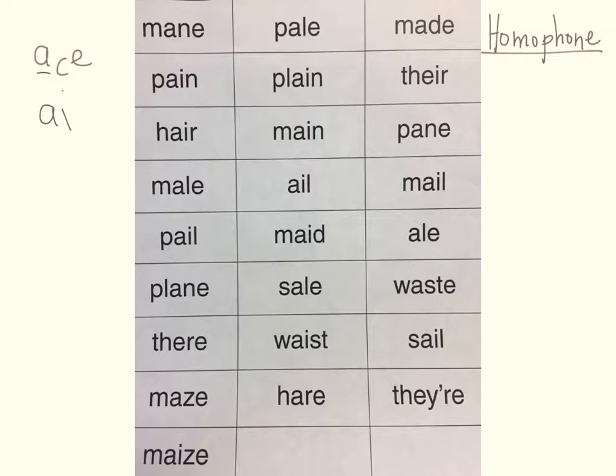I'm looking through. I think that might be it this week. And then I think you might end up with some oddballs because they're not falling under that AI, even though you're hearing, I believe, the A sound, like in there and there, you're hearing that long A sound in those words, but they're spelled a little bit differently.